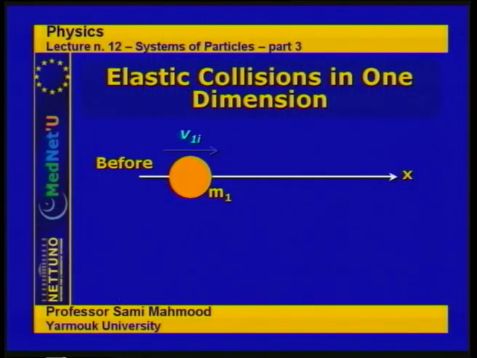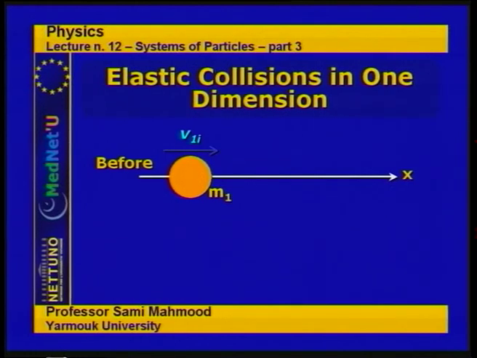Let's take the elastic case where, as we said, the energy is conserved. In this collision, we have a projectile body or ball, which we treat as a particle moving with initial velocity v1 initial.